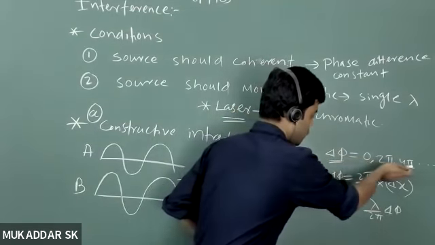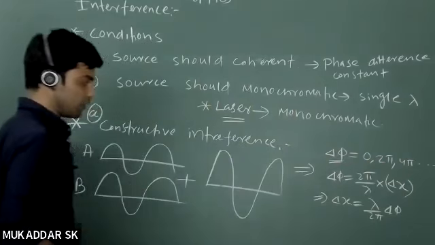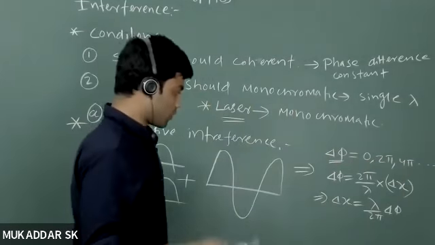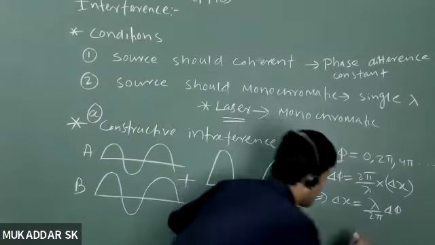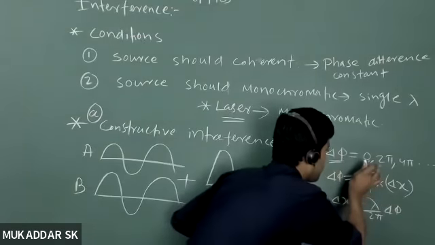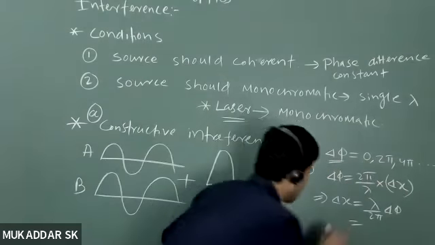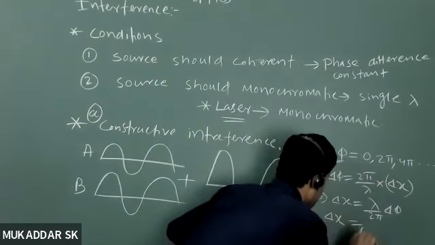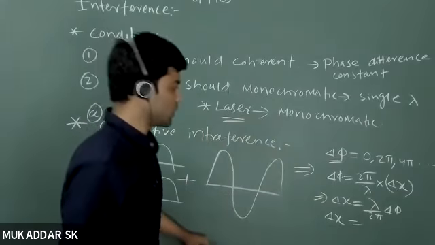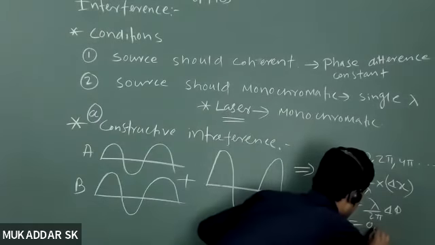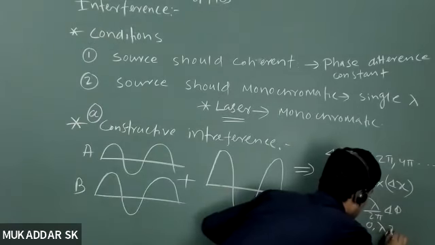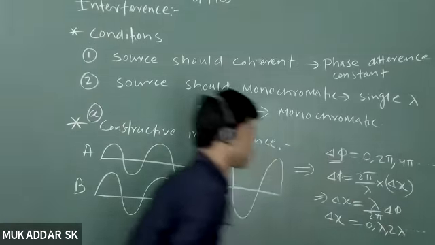Now you know, for constructive interference, the phase difference is how much? 0, 2 pi, 4 pi. So in other words, for constructive interference, what can the path difference be? If you substitute delta phi here, which is 0, 2 pi, 4 pi, you will get that for constructive interference the path difference between waves will be either 0 or lambda or 2 lambda and so on.